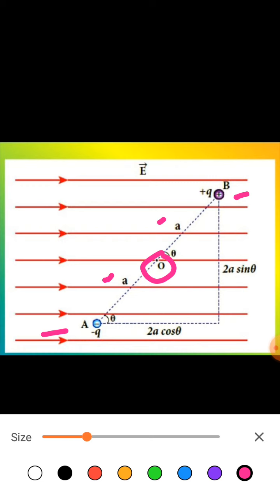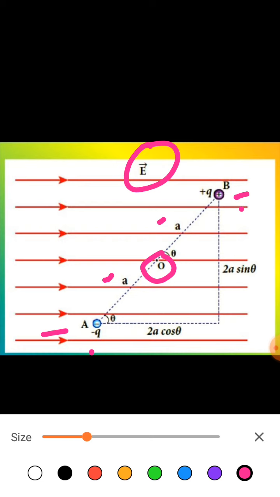This torque rotates the dipole to align with the direction of the electric field E. The angle is from the dipole's initial angle theta dash to another angle theta, against the torque by the electric field.